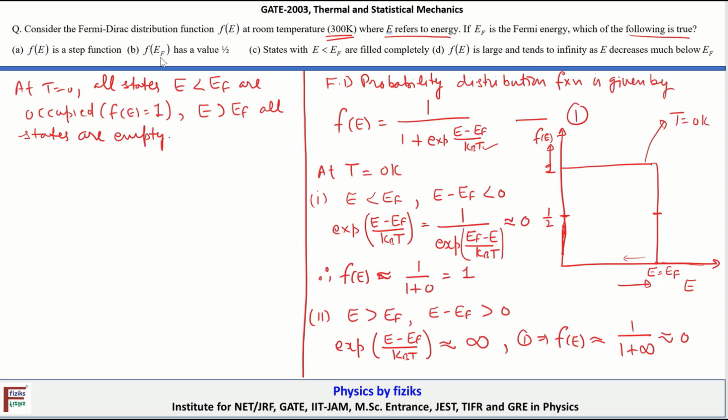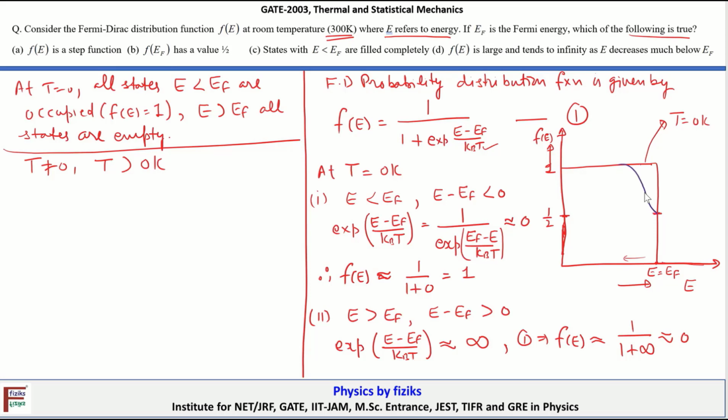Now the next case is when temperature is not equal to 0, that is, temperature greater than 0 Kelvin. So what will happen in that case? Some of the electrons which are close to the Fermi level will make a transition, and a situation like this will appear.